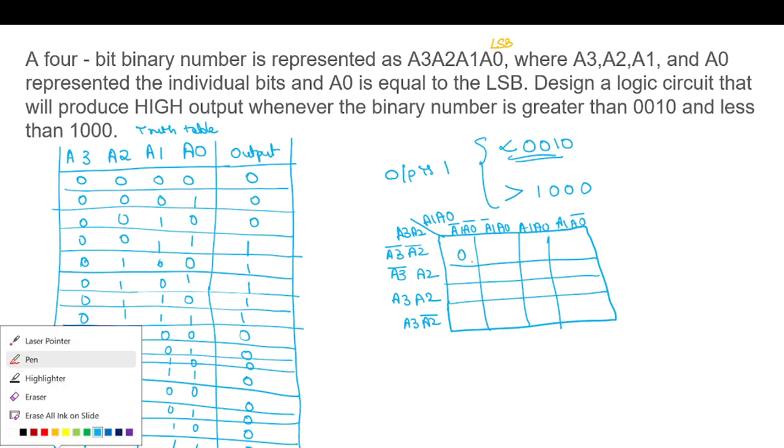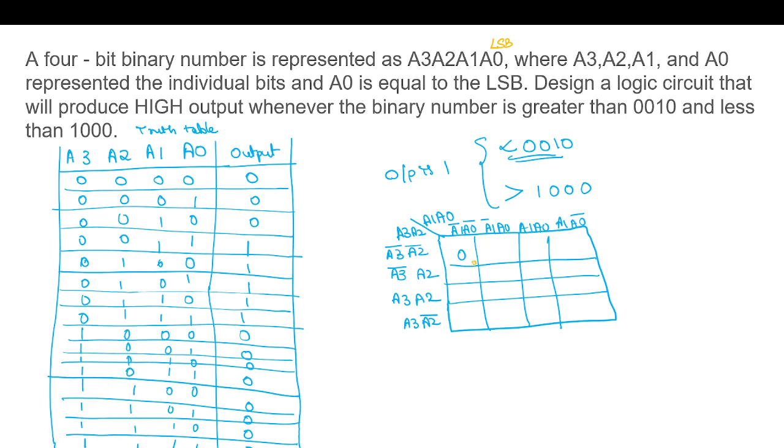As you know, this corresponds to 0, 1, 2, 3, 4 in decimal, 5, 6, 7, 8, 9, 10, 11, 12, 13, 14 and 15. And you know this is 2 and this is 8. So 1 should be filled for greater than 2, that is 3, 4, 5, 6, 7, and 8 is 0.